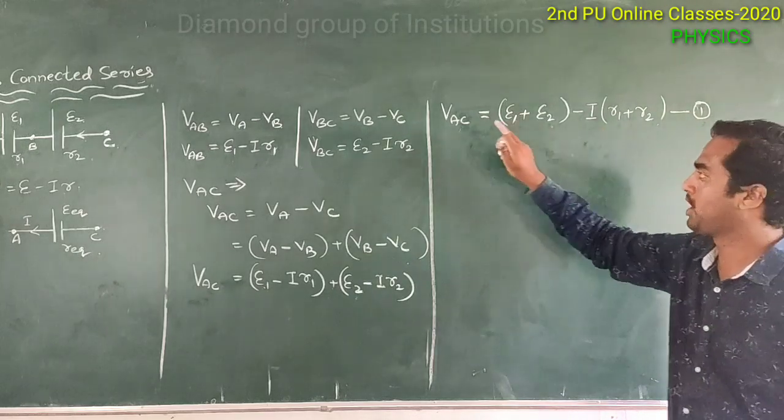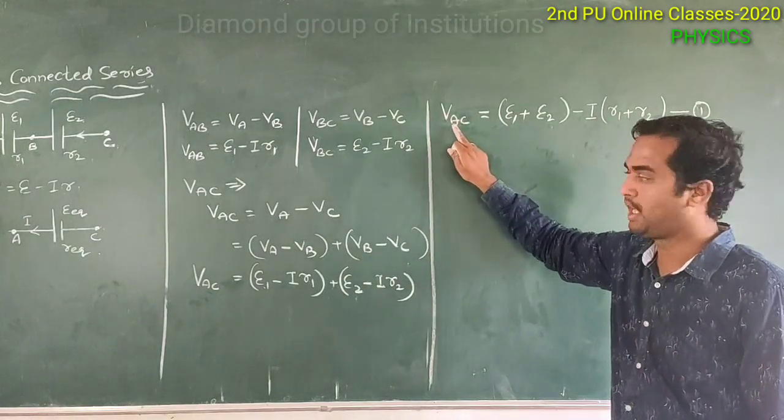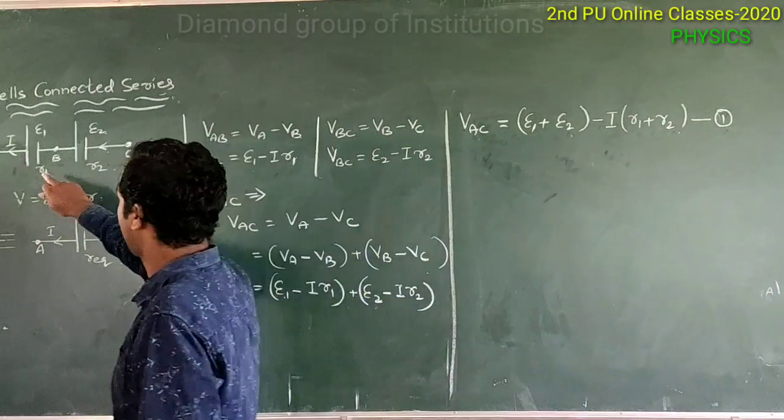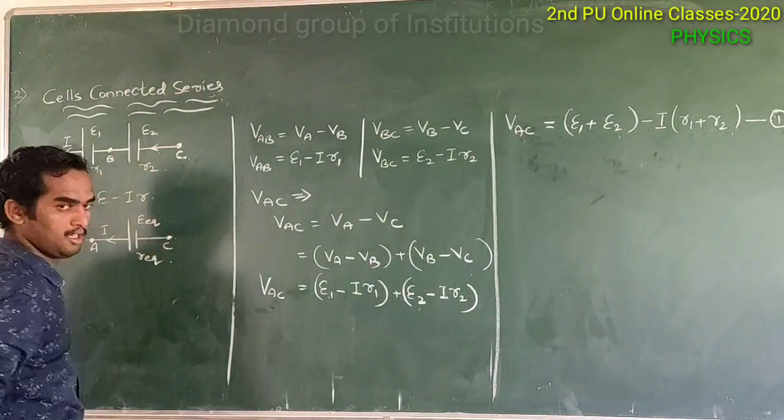This is the potential difference across the points A and C when two cells are connected in series.